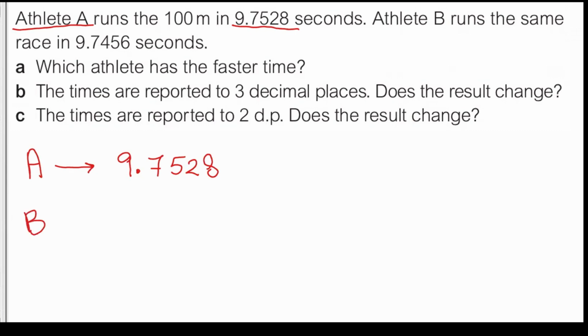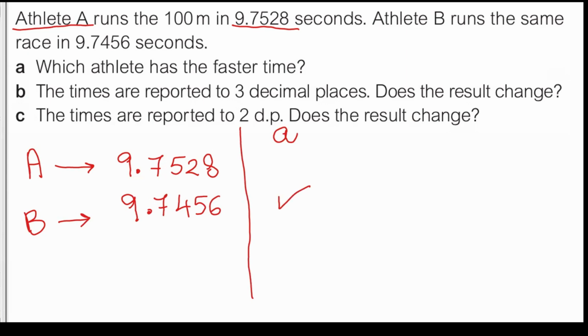Athlete B runs in 9.7456. For question A, which athlete has the faster time? Here, the faster time means the less time. He runs the same distance in less time. So, athlete B has the fastest time.